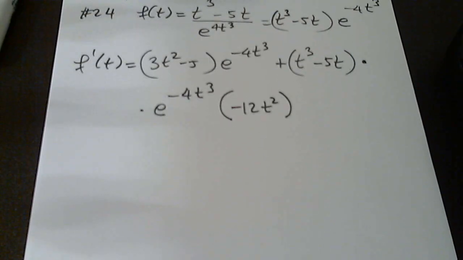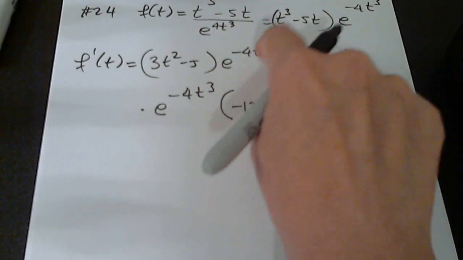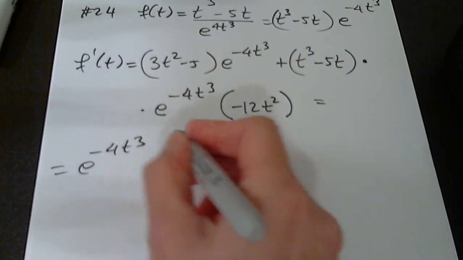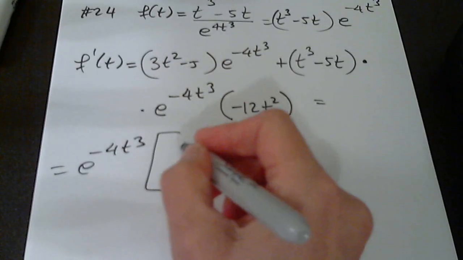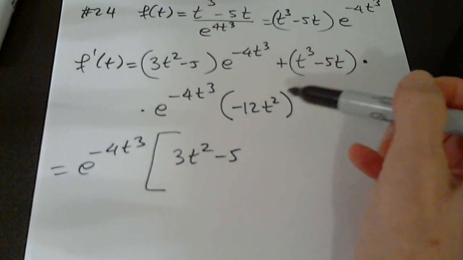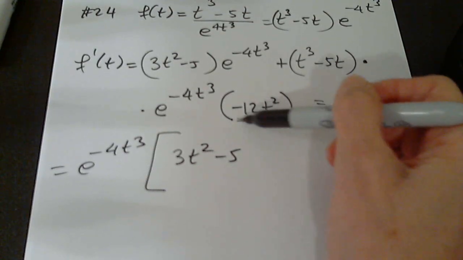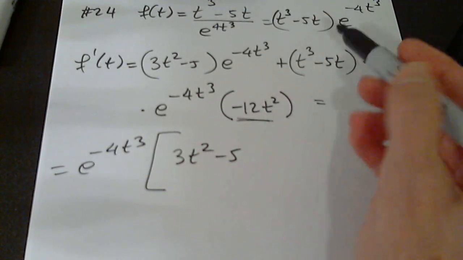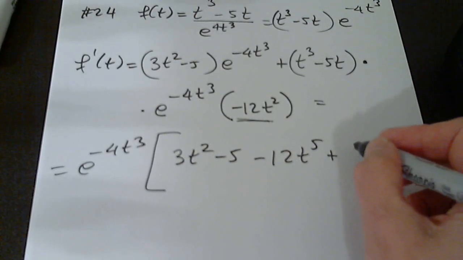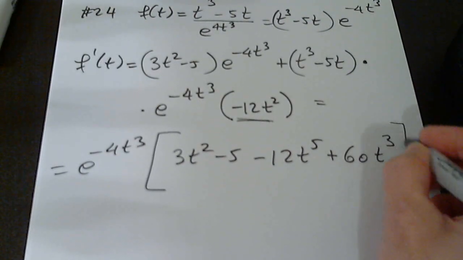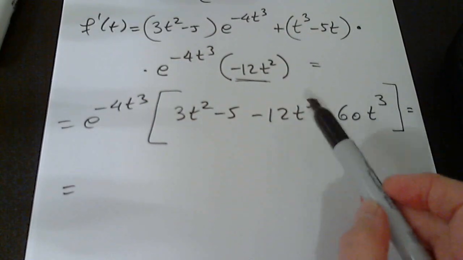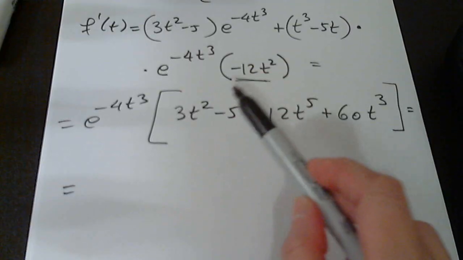I will factor out e to negative 4t cubed. From here I have a 3t squared minus 5. And now I have to distribute negative 12t squared to these two terms. So negative 12t to the fifth and plus 60t to the third. Power 5, power 3, power 2, and no power.